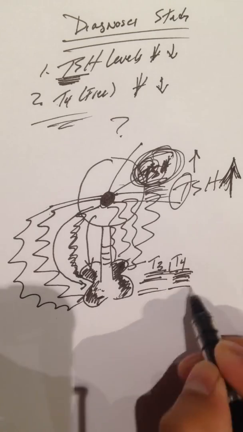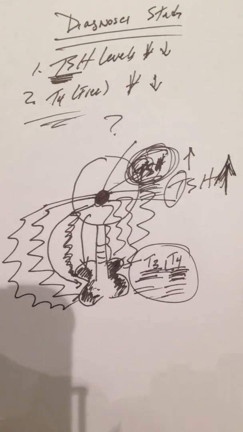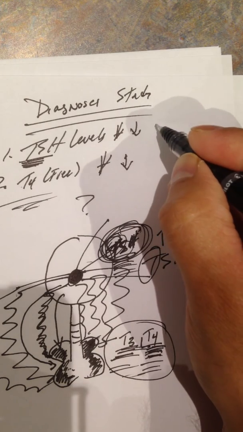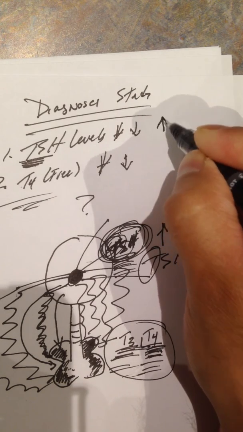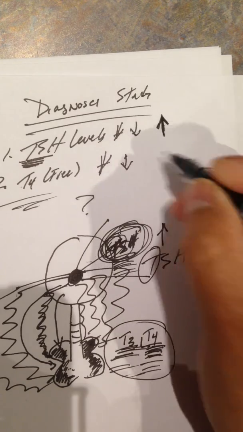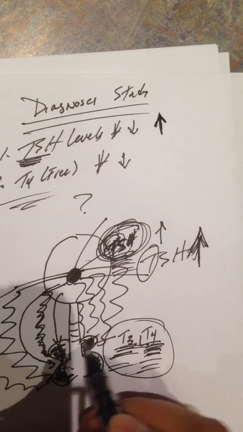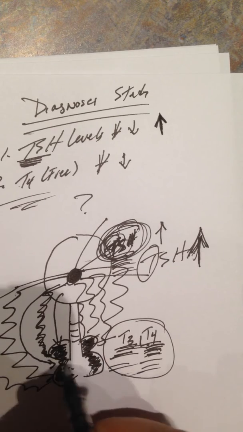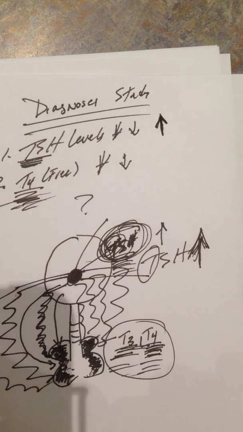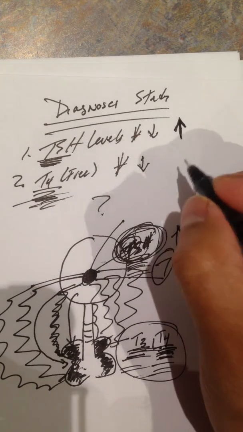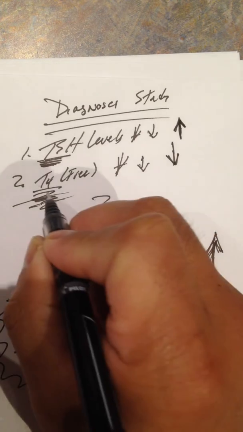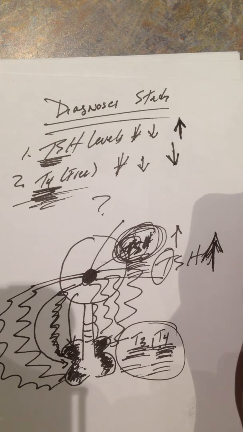So no T3, no T4 will be produced. So in that scenario, TSH, or texting, will go up. But again, because the thyroid gland is destroyed, isn't working, you will have no T3, no T4. You will have no thyroid hormone produced. So in that case, there will be no T4.